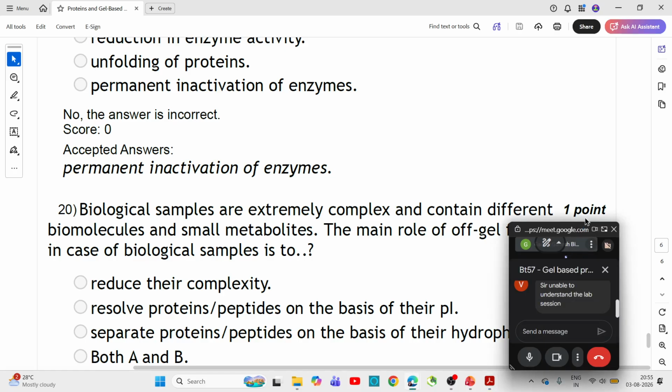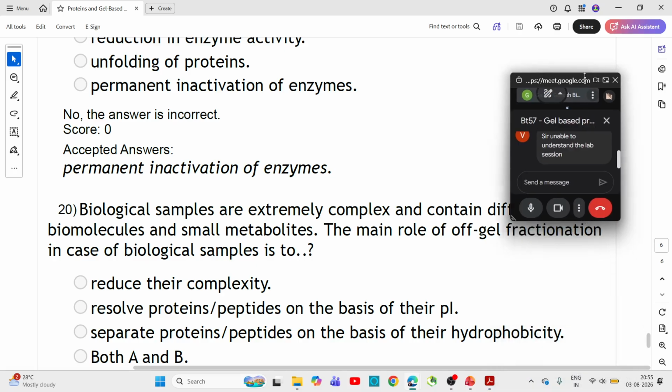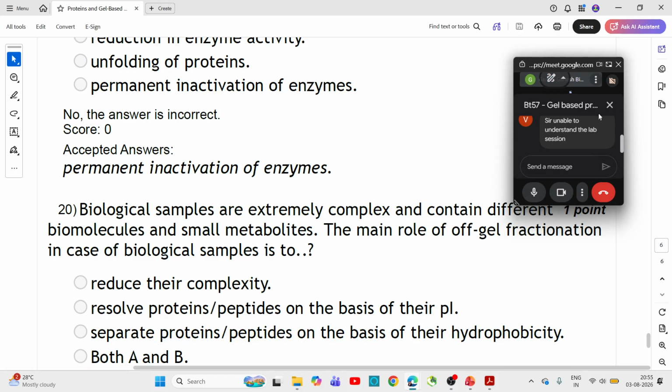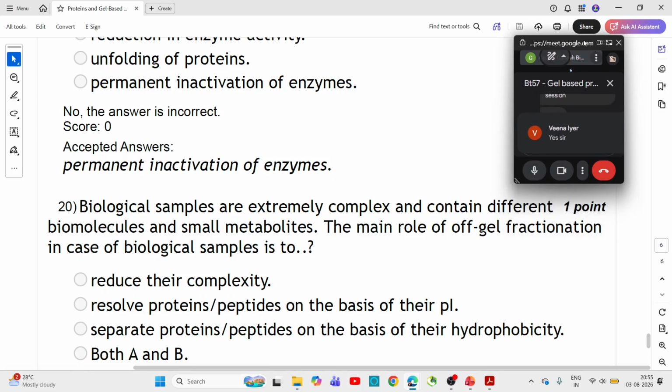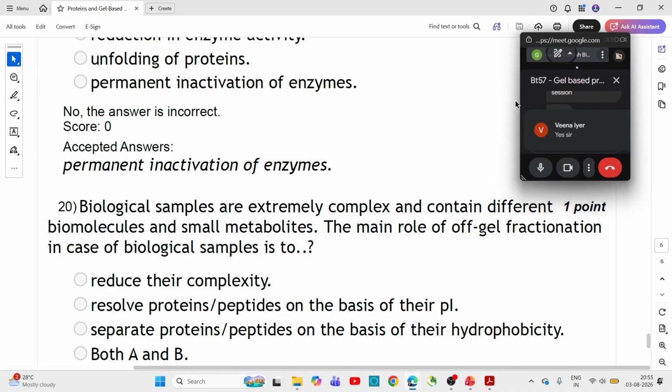Unable to understand the lab session. It was practical, right? They have shown how it needs to be done. Have you gone through the videos? Okay, so it was difficult for you to understand the lab session.